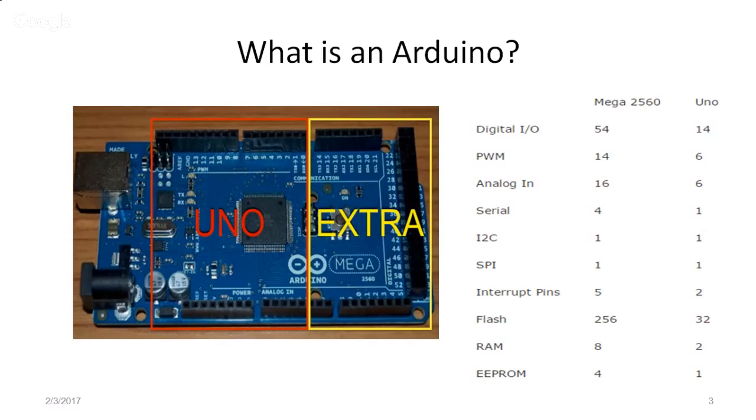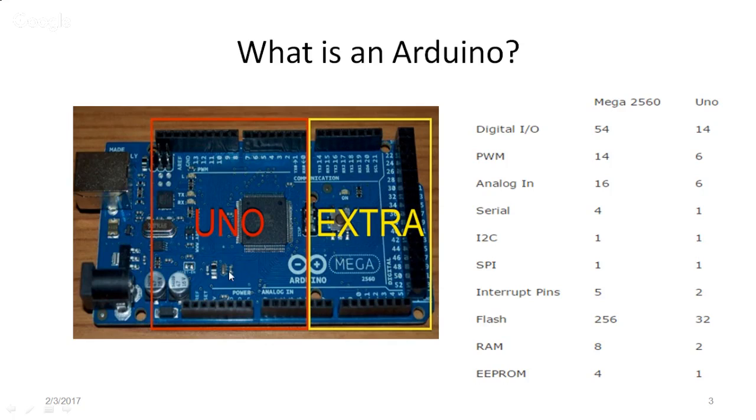In the present slide, you are seeing that the Mega board is just an advanced version of the Uno board. In the red rectangle box, we have the Uno board. Like the Uno board, we have 13 digital input pins, RX 0, TX 1, some analog inputs, and some power options like 2 ground, one 3.3 volt, and one 5 volt.